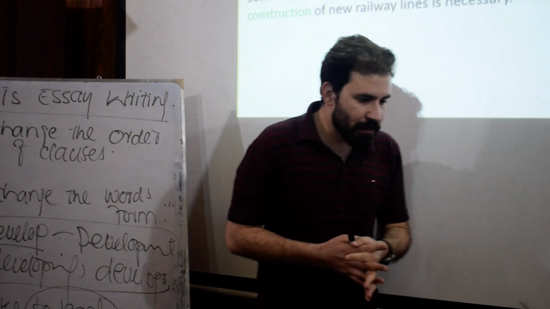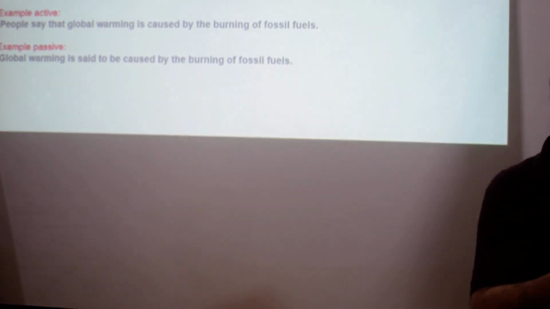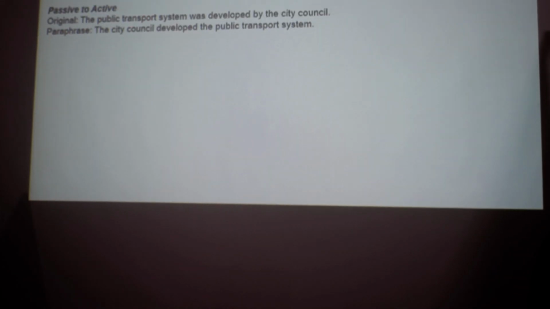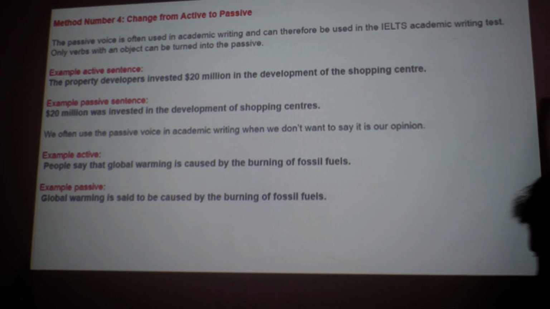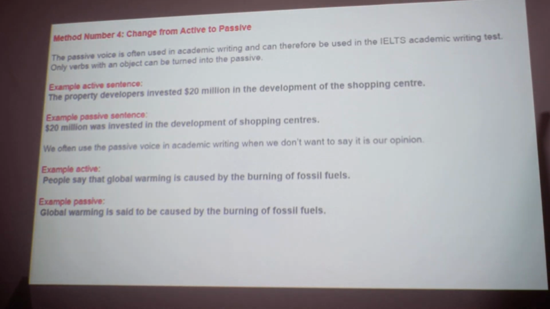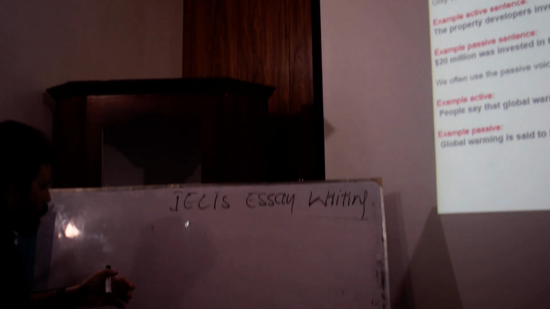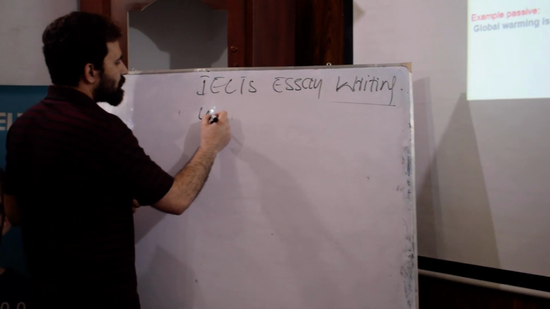The last method of IELTS paraphrasing is changing from active to passive, or from passive to active. If you are good at active and passive, you can use the fourth method, method number 4.